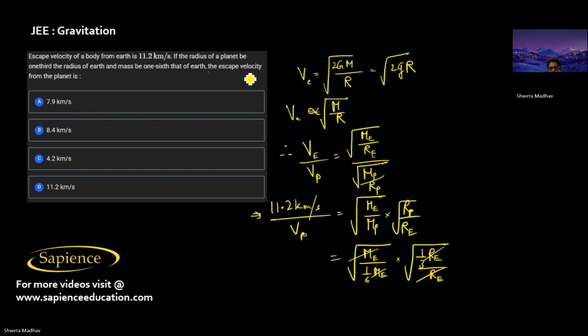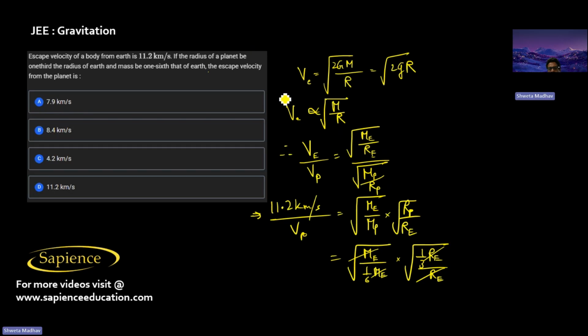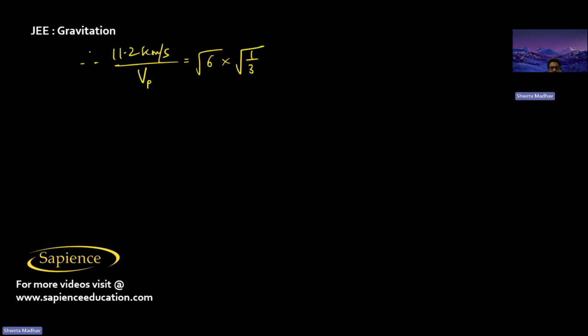So from here I can say 11.2 km per second divided by the escape velocity from that planet is equal to root 6 into root over 1/3. So which means that it is 11.2 km per second by the escape velocity in that planet, that is root over 6/3, that is root 2.